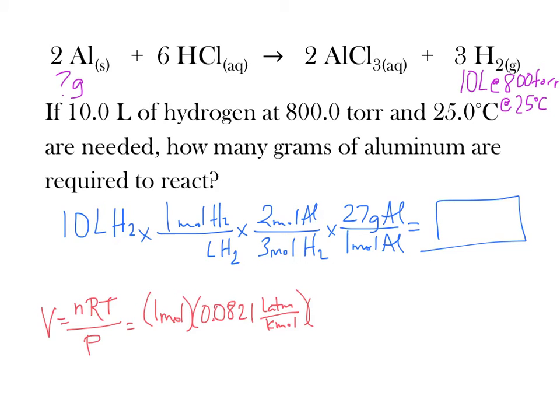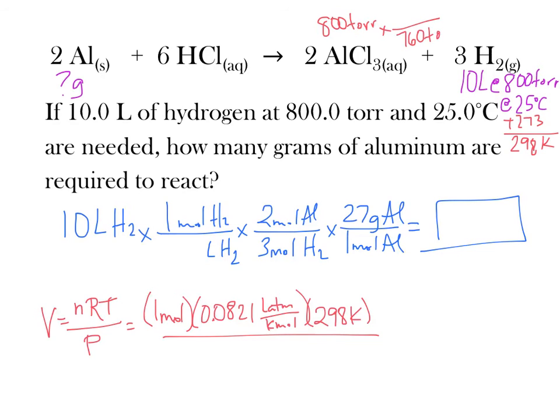Temperature, 25 plus 273, is equal to 298 K. Pressure, 800 torr, and there's 760 torr in 1 atmosphere, which is equal to 1.05 atmospheres.